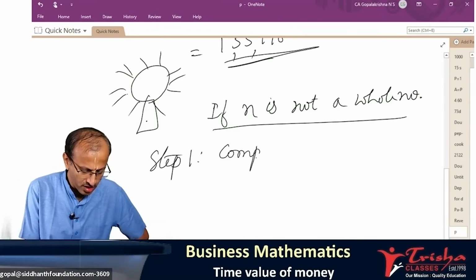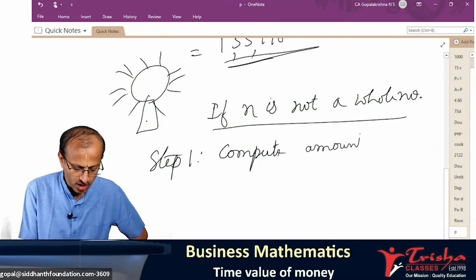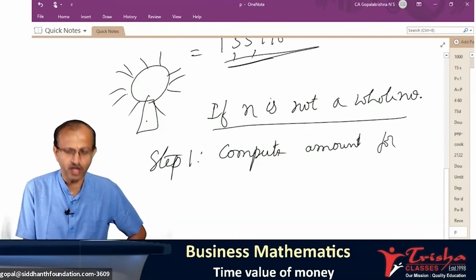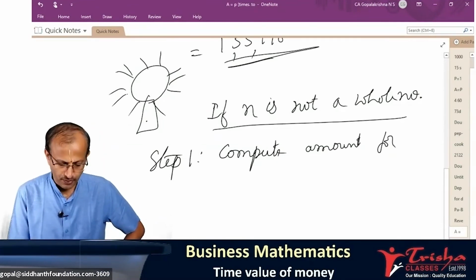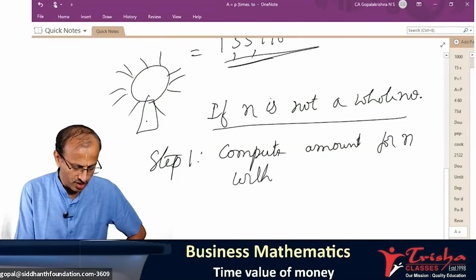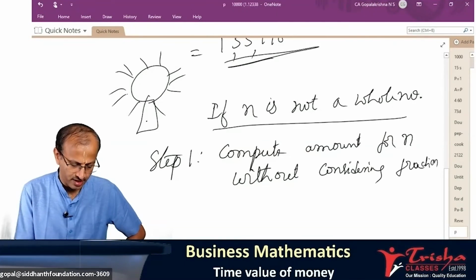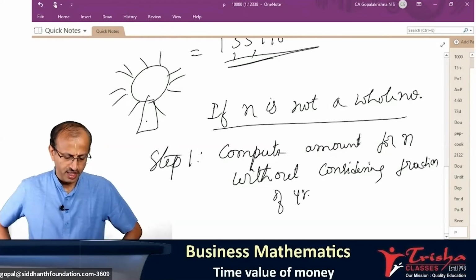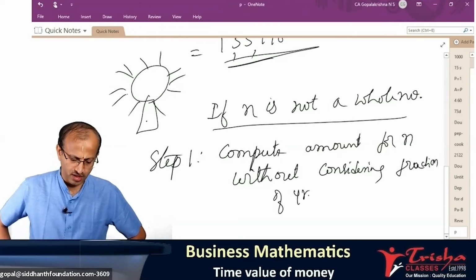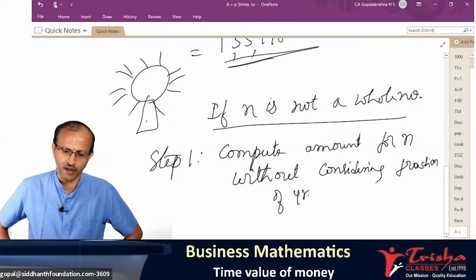Step 1: Compute amount for n without considering fraction of the year, or part of the year.